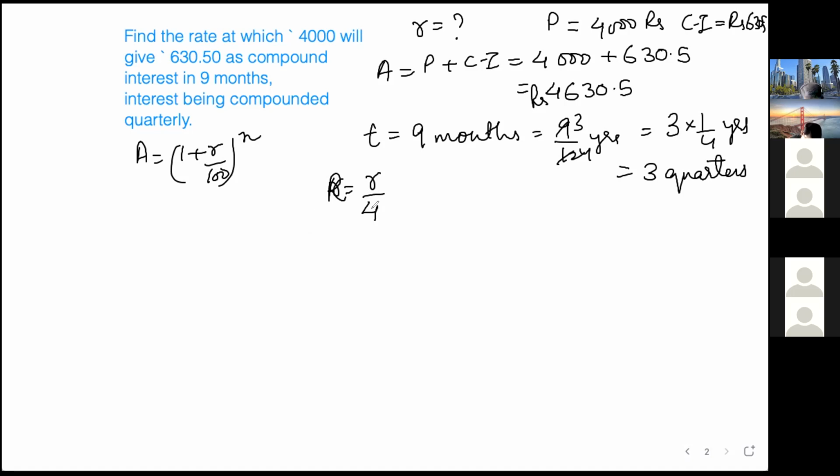So we'll put the value, because rate per annum पे है, तो we have to write divided by 4, because we are finding out quarterly. Okay. So I'm just writing it over यहाँ पे R by 100 लिख दो. So amount according to our question is 4630.5, which is equal to 1 plus R by 400.